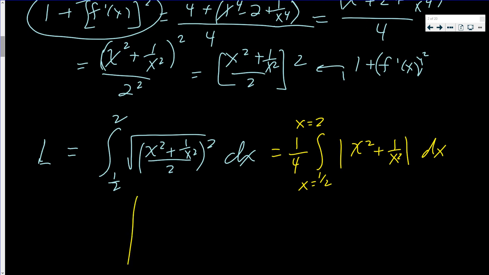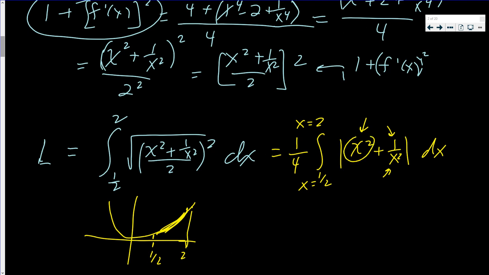Let me just look at the x squared function between a half and 2. It's always positive. And 1 is always positive, and we just argued that x squared is always positive.